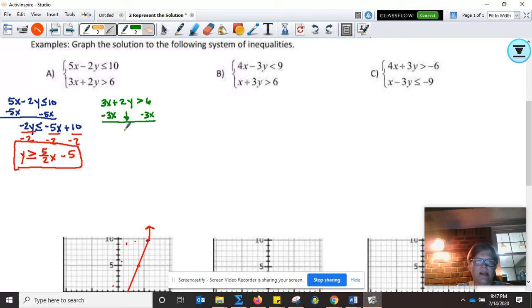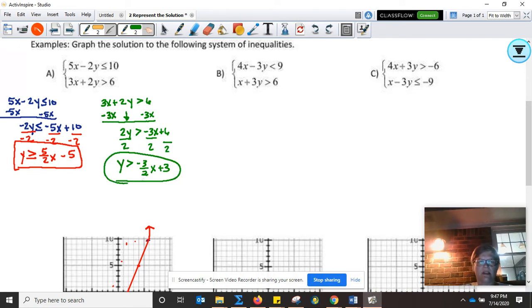Bring down my 2y is greater than negative 3x plus 6. So I want to get that y by itself. So what I'm going to do is divide every single term by 2. And when I do that, my equation is going to be y is greater than negative 3 halves x plus 3. Okay, so let's graph that equation.